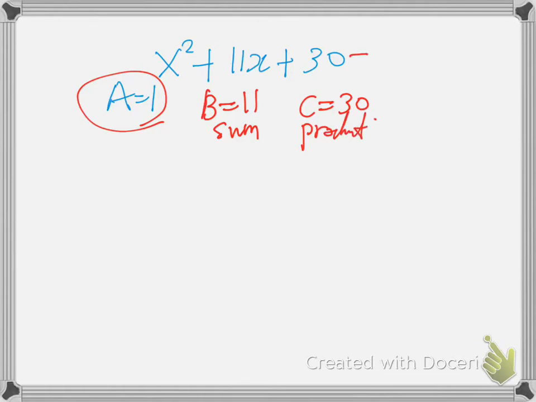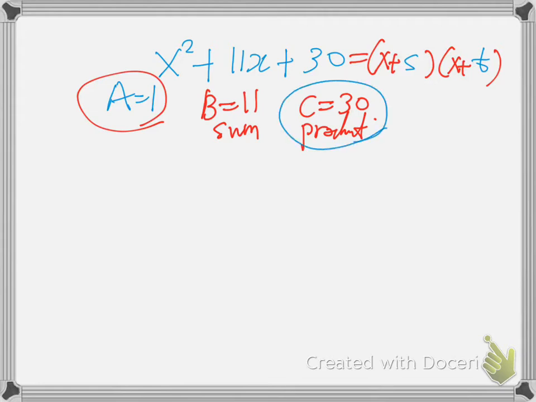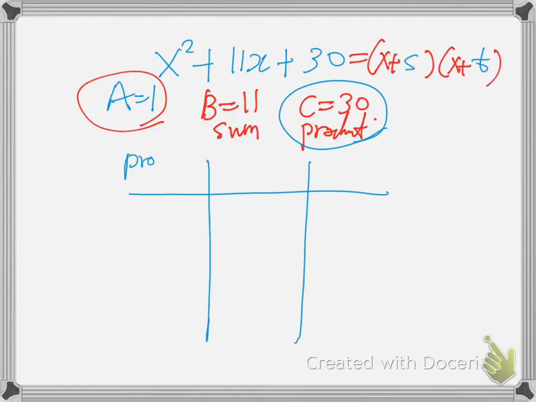Okay, product of what? Of s and t. These two numbers in the product, x plus s times x plus t. So now we need the table. Okay, we will always start from 30. Okay, so product 30.